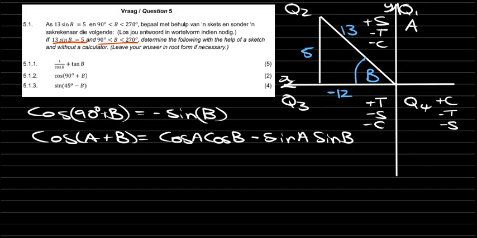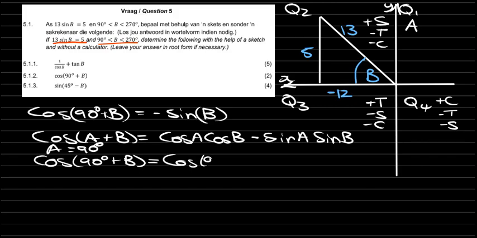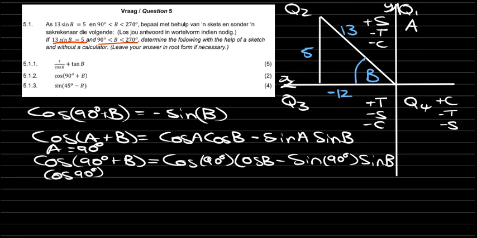So in this case, we make A equal to 90 degrees, and then we have cos of 90 degrees plus B equals cos 90 times cos B minus sine 90 times sine B. Okay, so we know that cos 90 equals 0 and sine 90 equals 1.